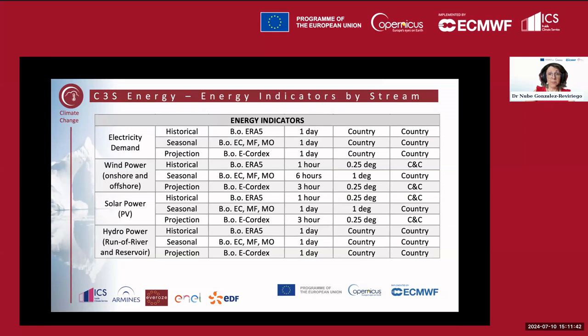And we are also providing energy indicators. We will provide the wind power capacity factor both onshore and offshore, and also the capacity factor for solar power. But we will also be providing electricity demand and hydropower, both for run-of-river and reservoir.